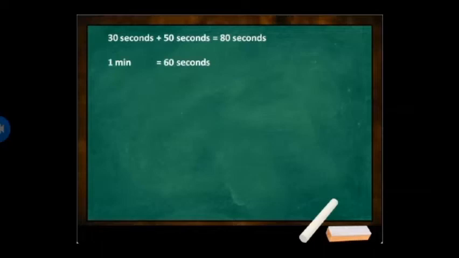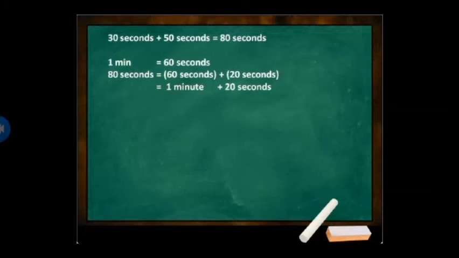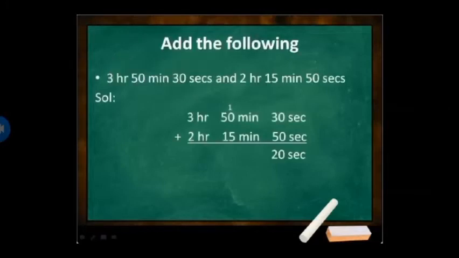Now 1 minute is equal to 60 seconds, so 80 seconds you are going to make into 1 minute plus the remaining seconds. When you remove 60 seconds, it will become 1 minute plus 20 seconds. So the seconds will be 20 seconds, and you are going to carry 1 minute to the minutes section.